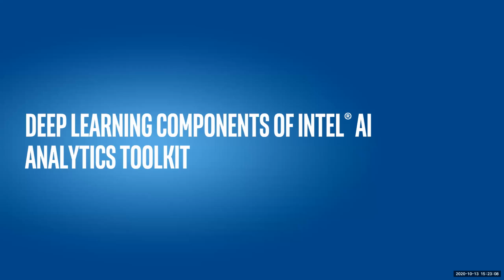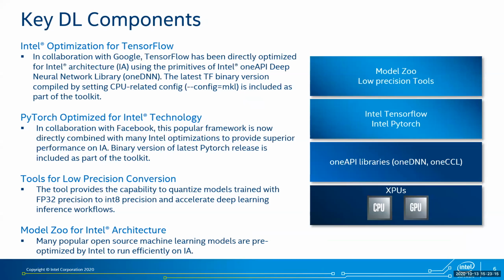So let's look into the deep learning components of Intel AI Analytic Toolkit. For the hardware, we support both CPU and GPU. On top of hardware, we have oneAPI performance libraries, oneDNN and oneCCL, which are programmed in C. So there is a C performance library.